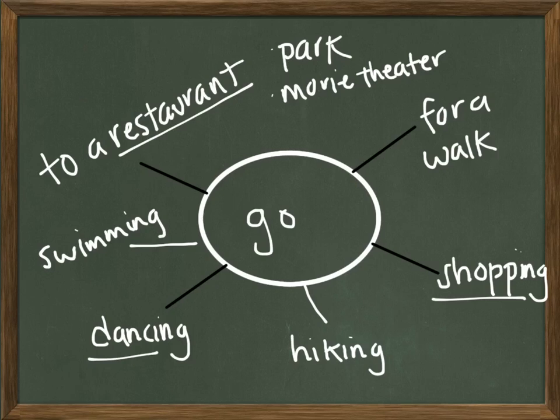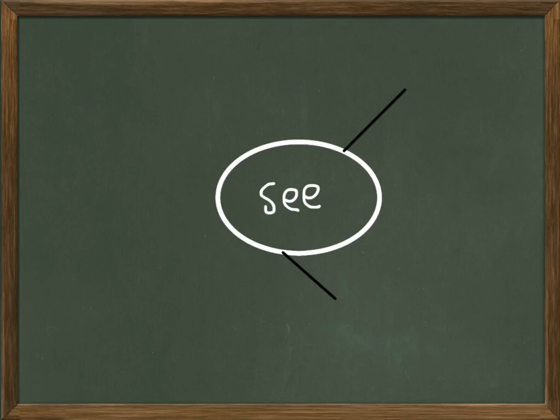Alright, let's continue. Our next verb is see, and with this one we can say see a film, or see a movie, which is basically the same thing.